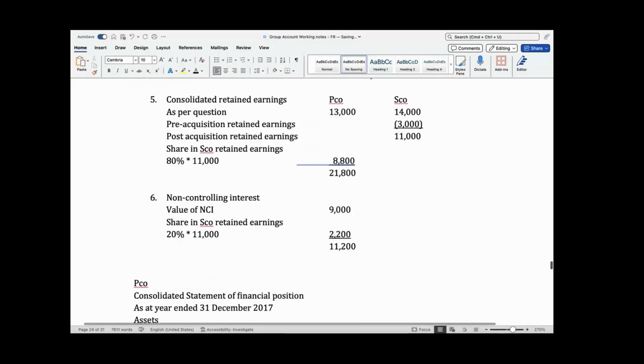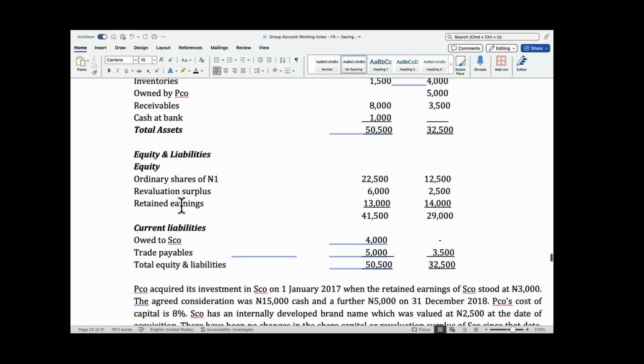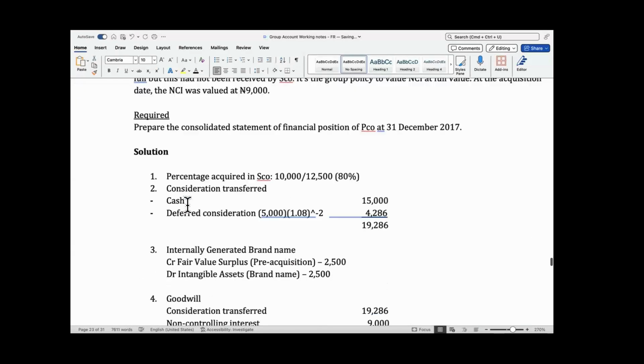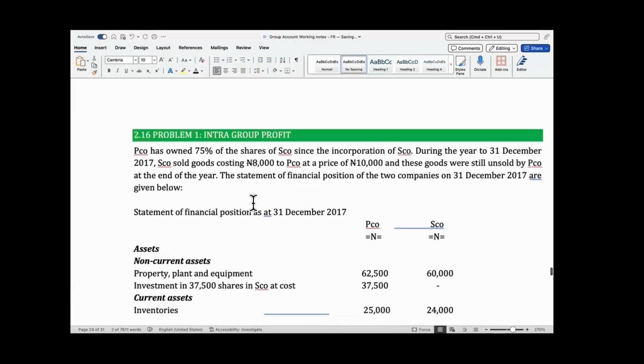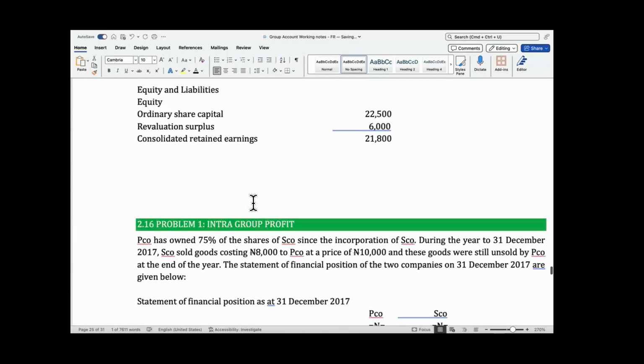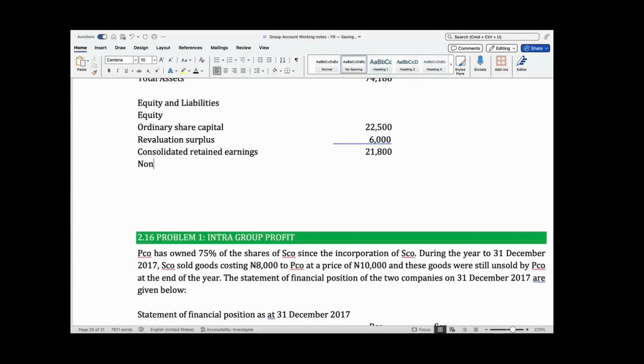Yeah. Then after that, the NCI can come in, which is working 6, 11,200. So non-controlling interest, 11,200, comes in as working 6. This comes in as working 5.